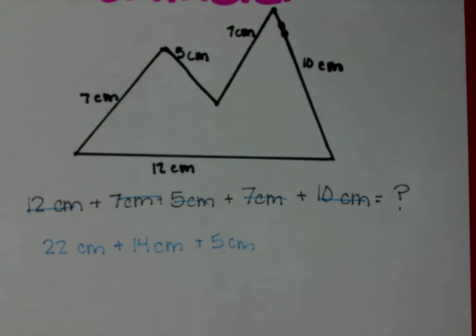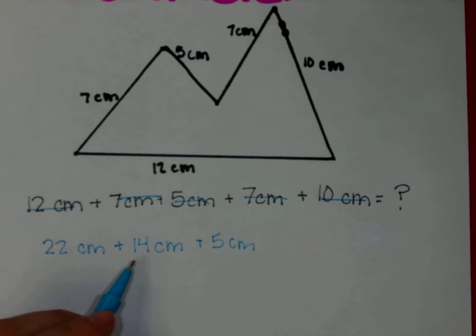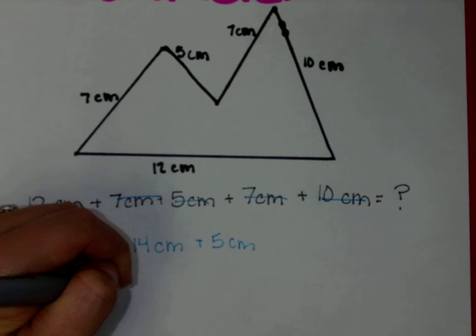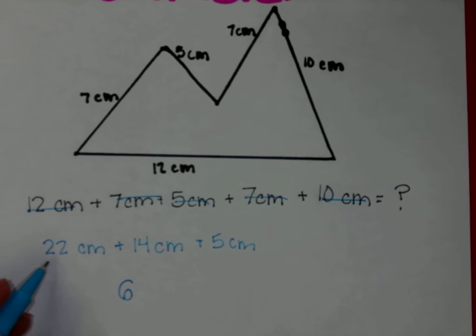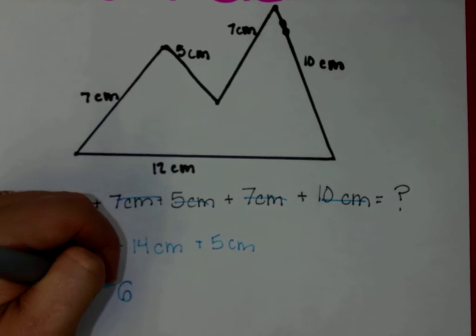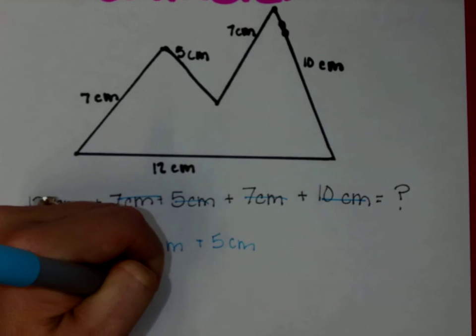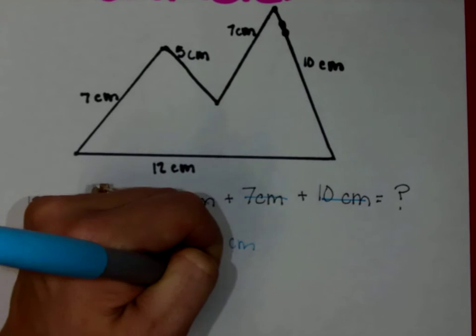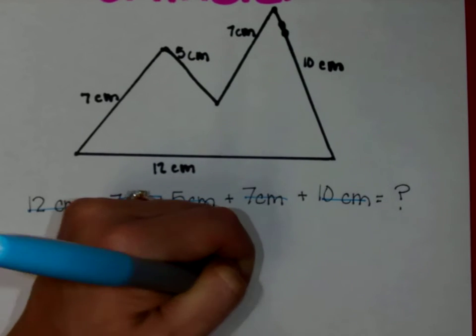What can I add up here for some easy mental math really quick? Well, I know that 22 plus 14 I could probably add together in my head because I know that 2 plus 4 is 6 and that 2 plus 1 is 3. So now I have 36 centimeters plus just 5 centimeters.